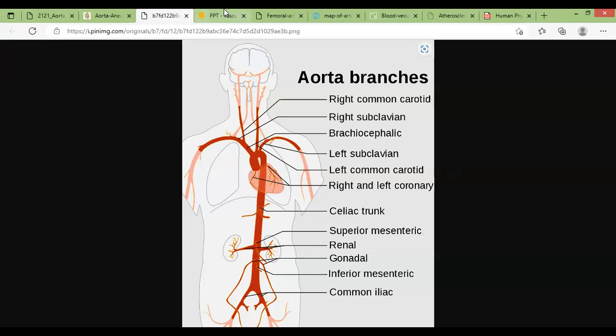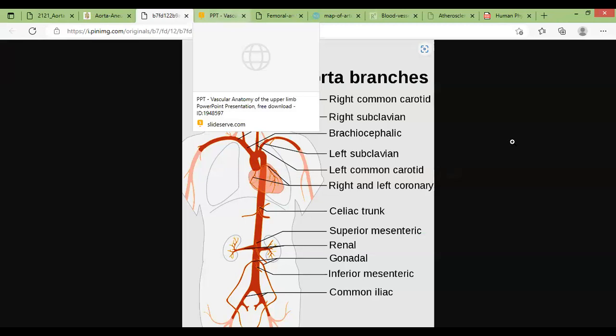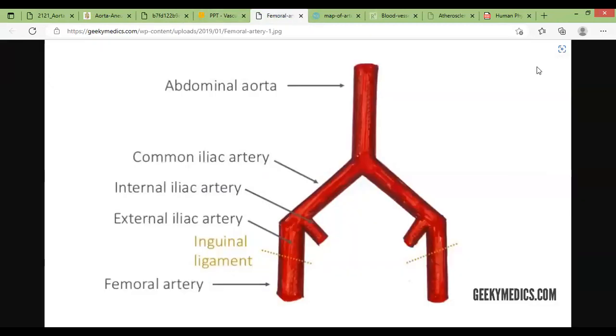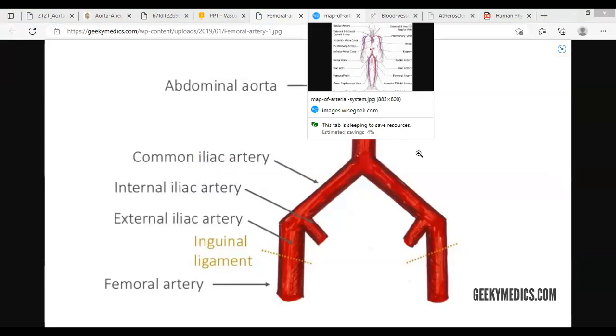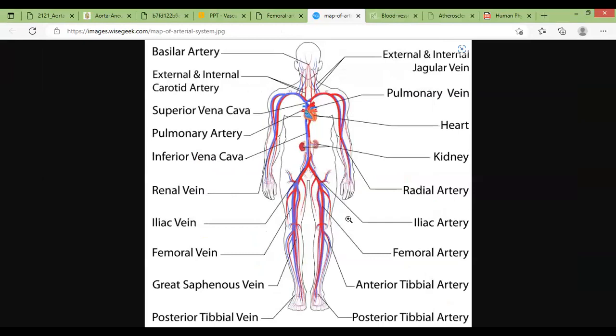And then from the abdominal aorta, we'll get the iliac artery, which will supply the iliac area, the hip area, and then the femoral artery that will supply the thighs, the femur, right? Femur here, femoral artery, and then the tibial artery, which will supply the lower part of the leg.